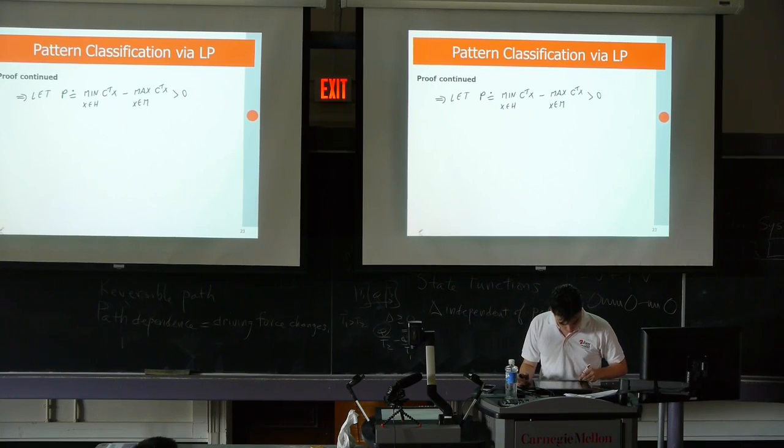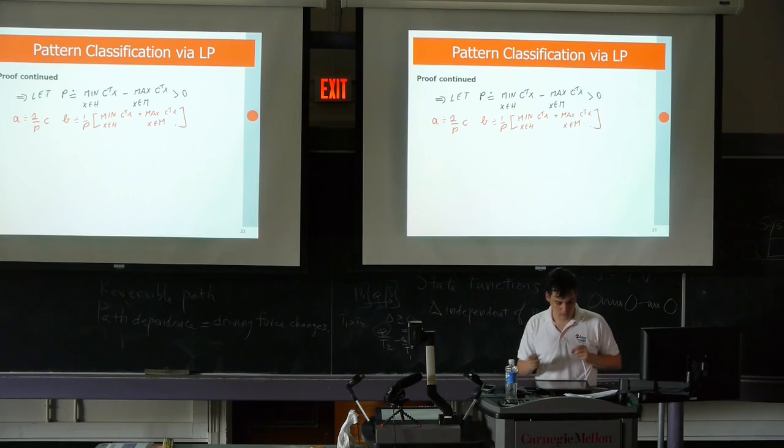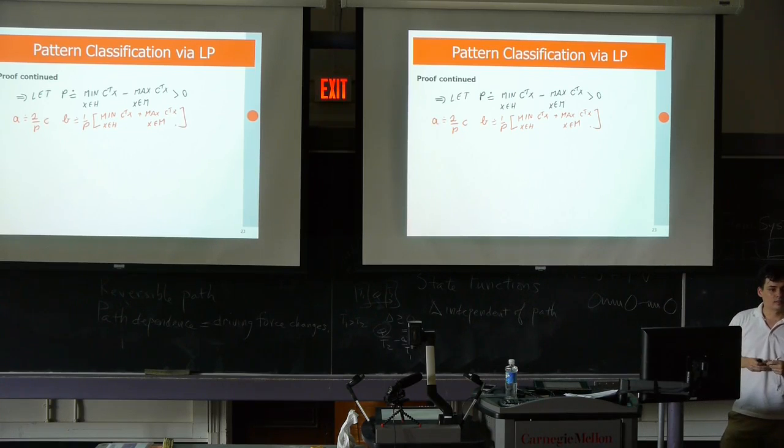And using that p, let me define A vector as 2 over P times C, and let B be defined as 1 over P times the minimum of C transpose X, where X is in H, plus the maximum of C transpose X again, where X is in M. So that's why it was important that P is positive, right?